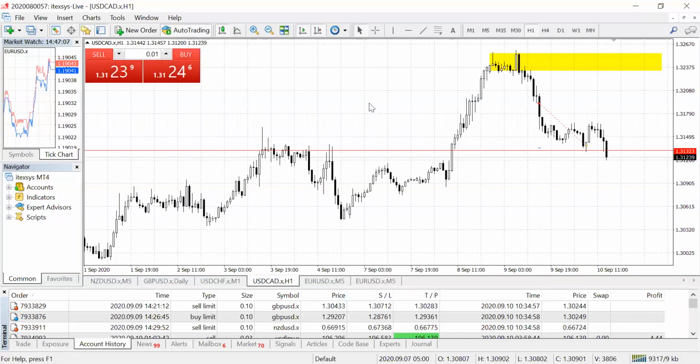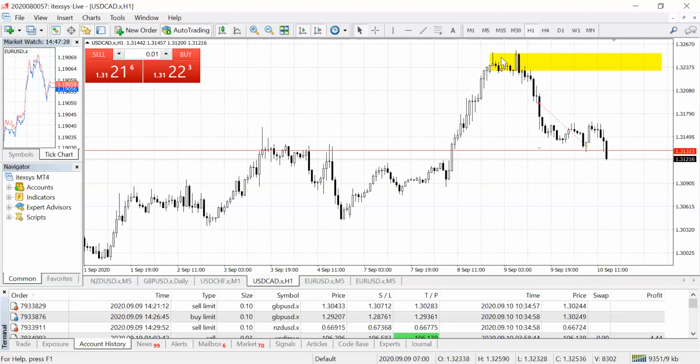Is there any real difference between supply and demand and support and resistance? That's a great question. All demand and supply areas eventually might become support and resistance areas. I'll try to explain.